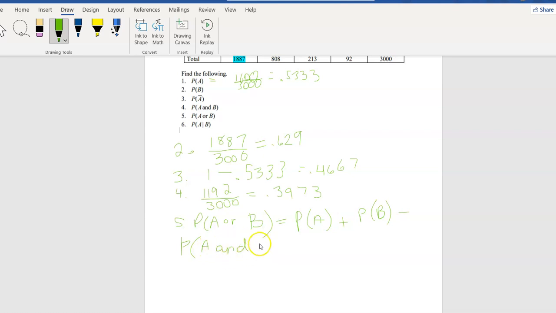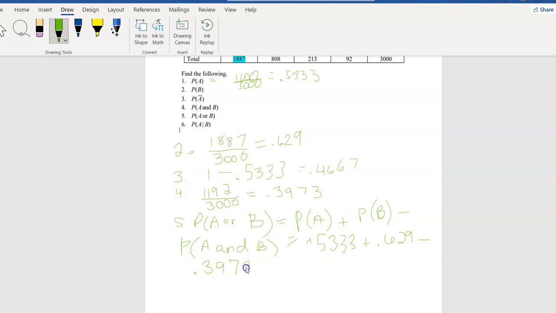Now, since we have all 3 of those, all we need to do here is fill in. So the probability of A was 0.533, and the probability of B was 0.629, minus the probability of both, which was number 4, 0.3973.